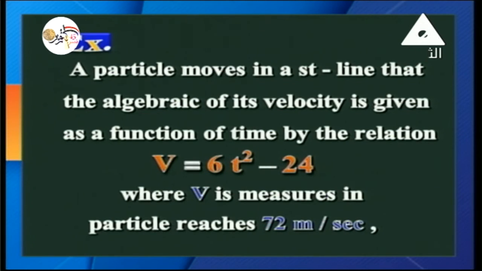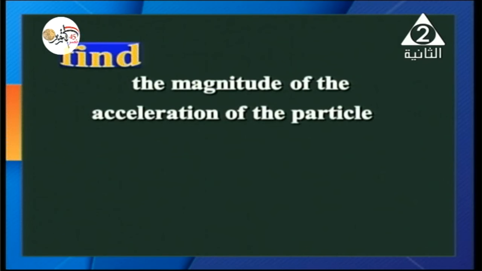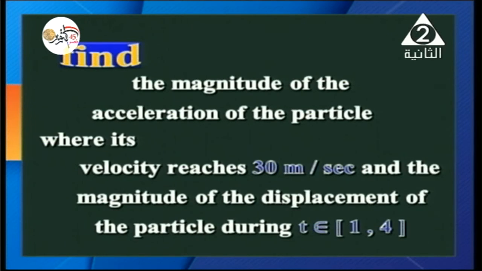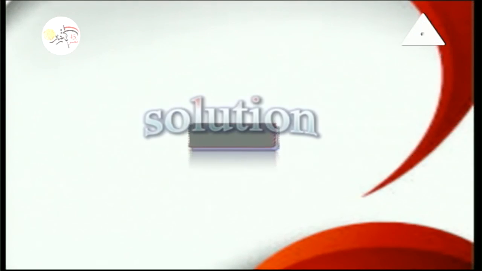Find the magnitude of the acceleration of the particle when its velocity reaches 30 meters per second, and the magnitude of the displacement of the particle during the interval t in [1, 4]. My dear student, look at the solution.